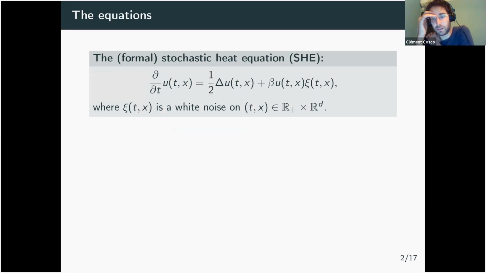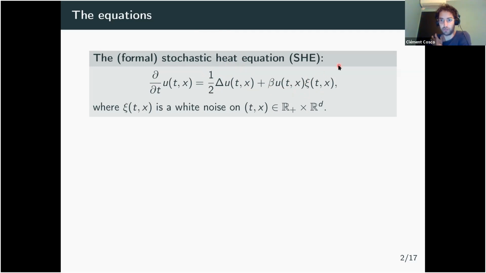Formally, they are given by a diffusion SPDE, where you have a Laplacian term plus a noise which is multiplied by the solution u. We also call this the stochastic heat equation with multiplicative white noise.